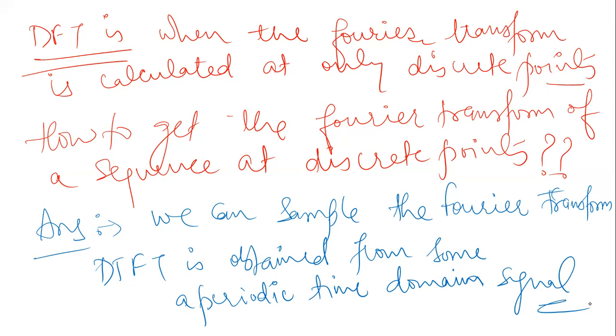Then a finite range sequence is obtained by extracting a particular portion of such an infinite sequence. Now, what do we do?